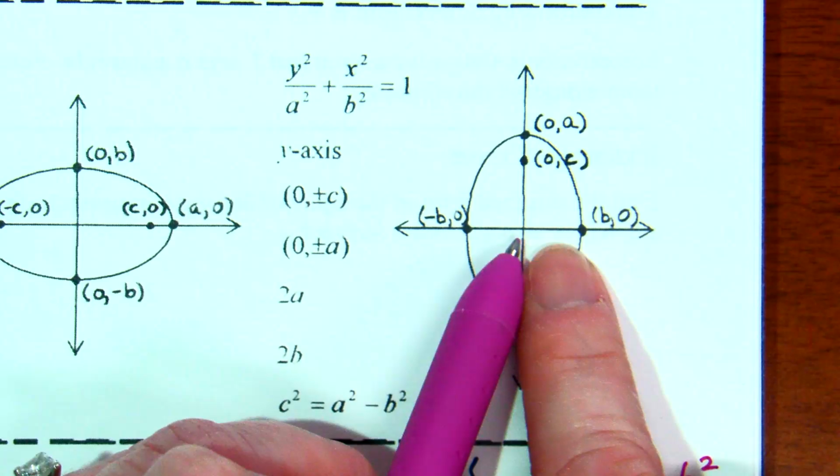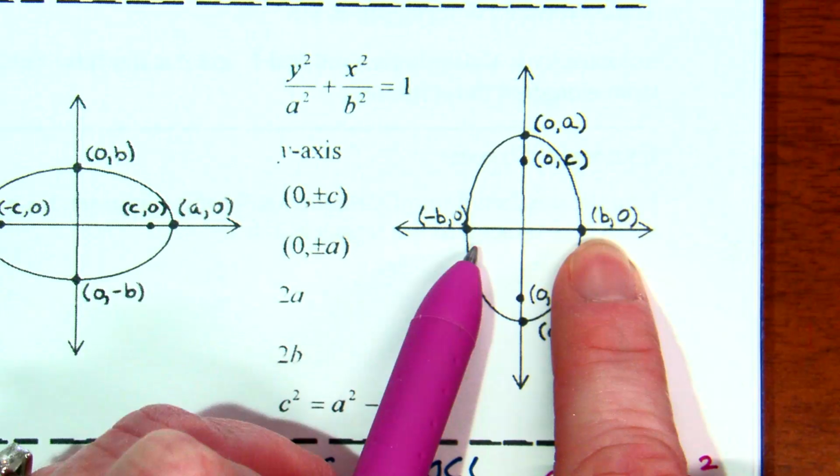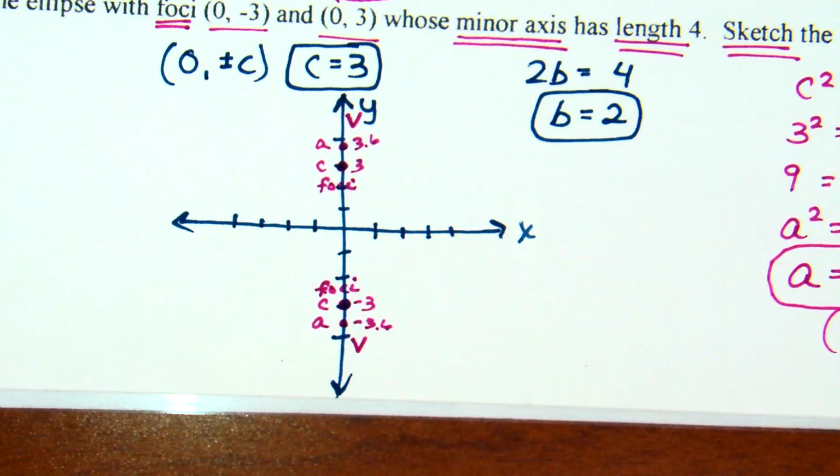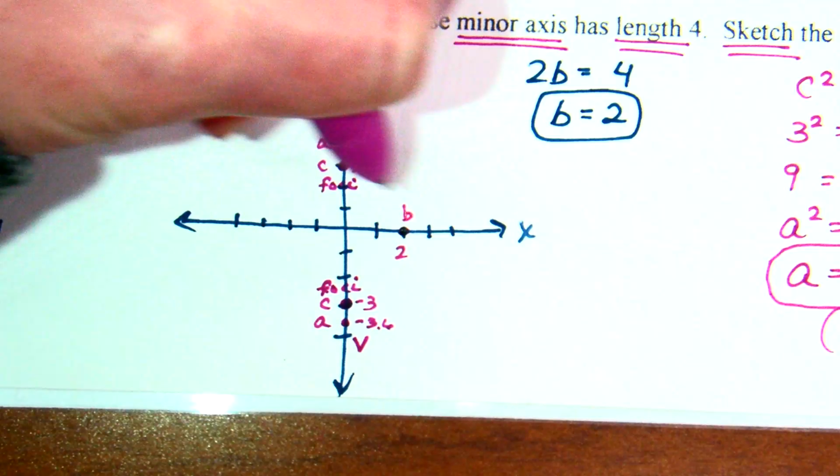How do we figure out how far my ellipse goes the other way? Use your B's. A's are your major axis, B's are your minor axis, which is why B is always smaller. What is my B value? My B value is 2. So I have vertices and foci going the long way. And then the other way, I'm going to go 2. And those are my B values. So I'm going left and to right.